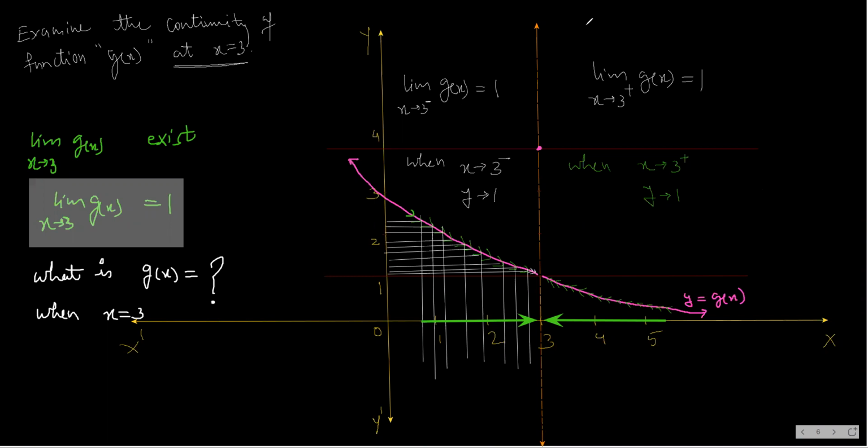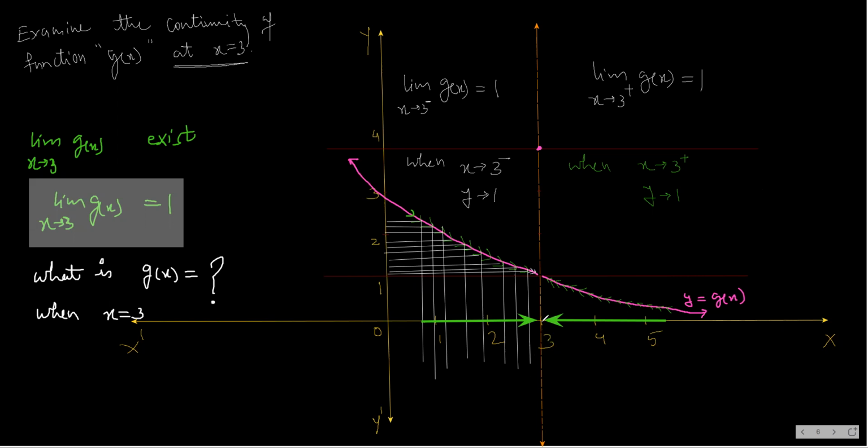But now what I'm talking about is when x is equal to 3. In the earlier two cases, nowhere was x equal to 3. In this, x is approaching 3 from the left. In this, x is approaching 3 from the right. And it would keep doing so for ages.